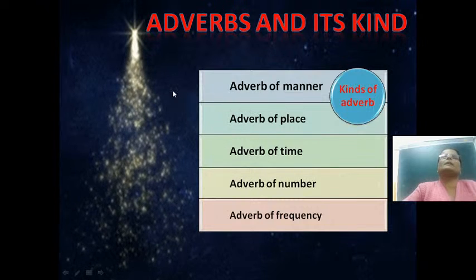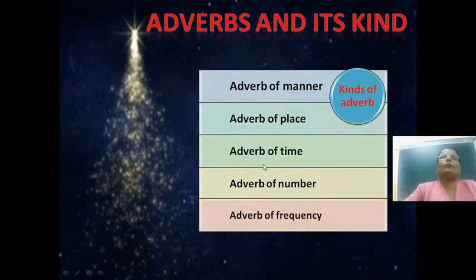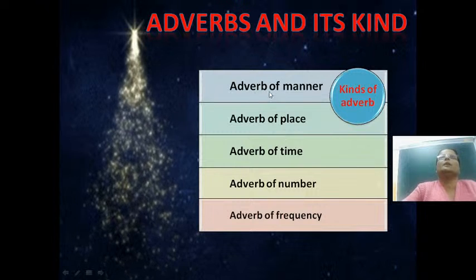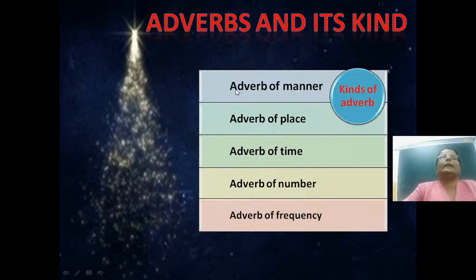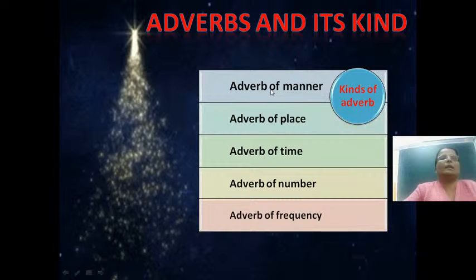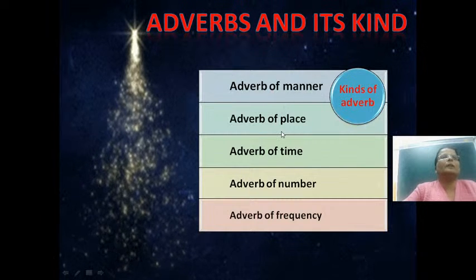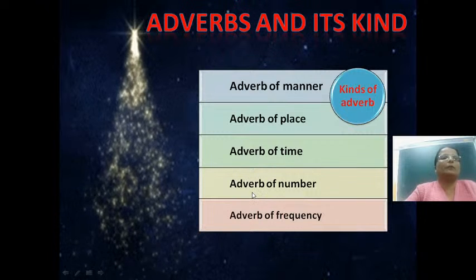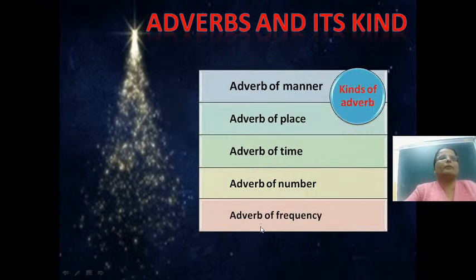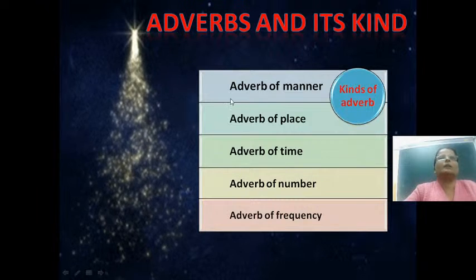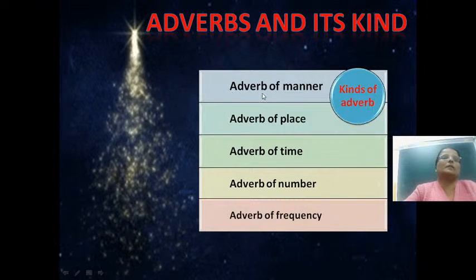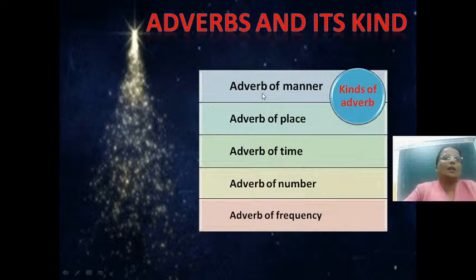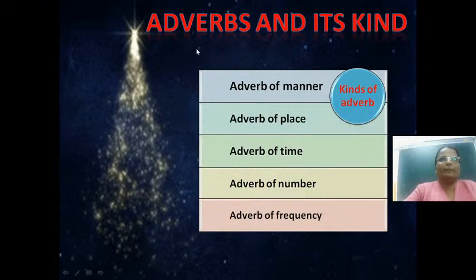The adverbs are divided into 5. You can see they are adverb of manner, adverb of place, adverb of time, adverb of number, and adverb of frequency. Now look at the presentation, children, once again, and repeat after me.